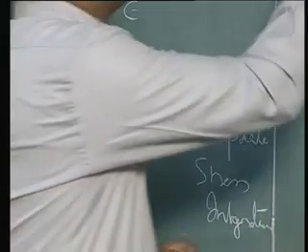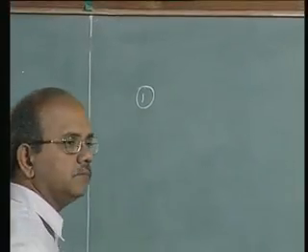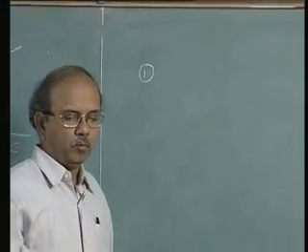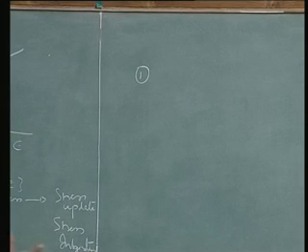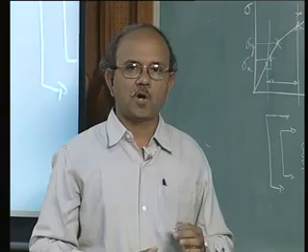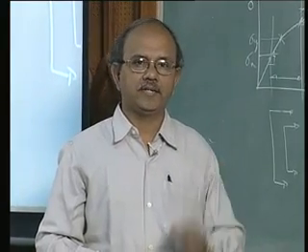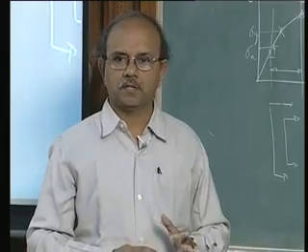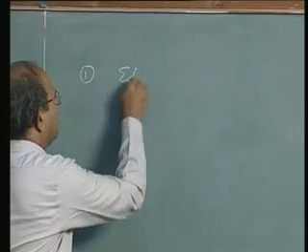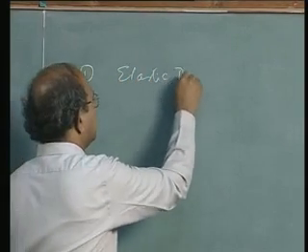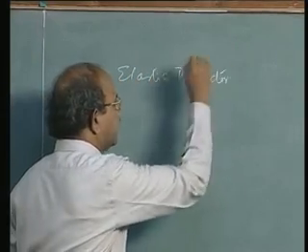The first step is that we invest all the strains that we have, that is delta epsilon, which we have calculated here, as if it is elastic. This step is called the elastic predictor step. Is it clear? Elastic predictor step. So the first thing is that we will go to elastic predictor.